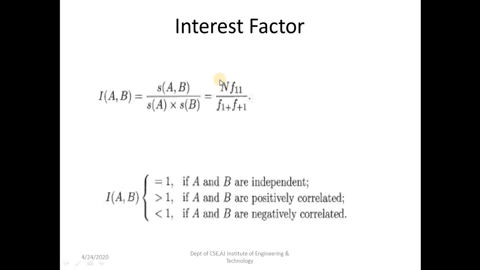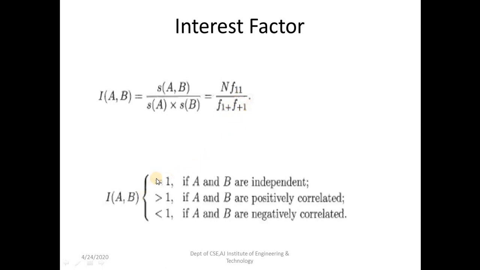Here N is the total number of transactions, f11 is the frequency of occurrence of both A and B, f1+ is the total support count of item A, and f+1 is the total support count of item B. So this is the interest factor formula.